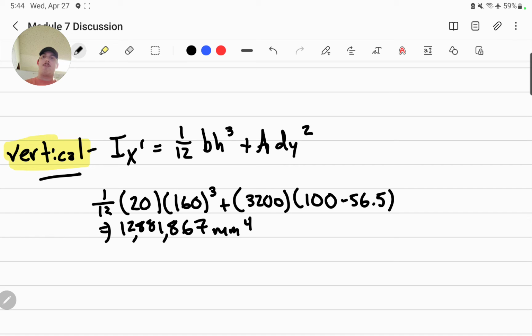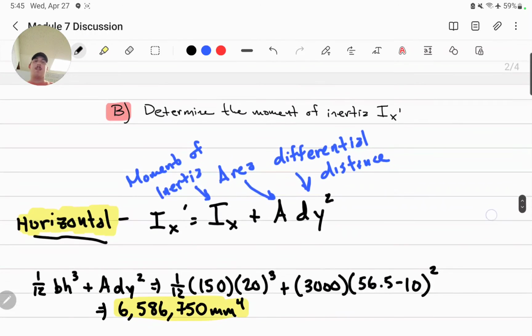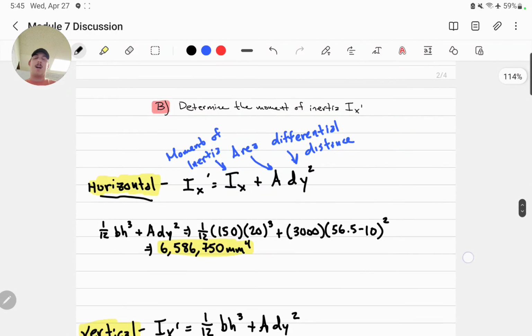Now I've got everything I need to determine the moment of inertia for x.